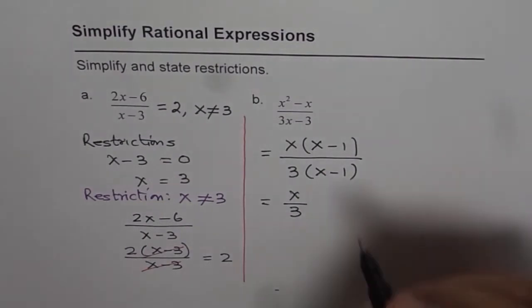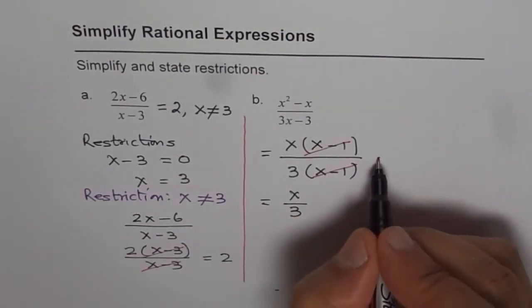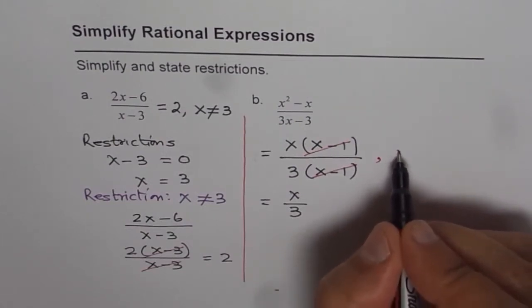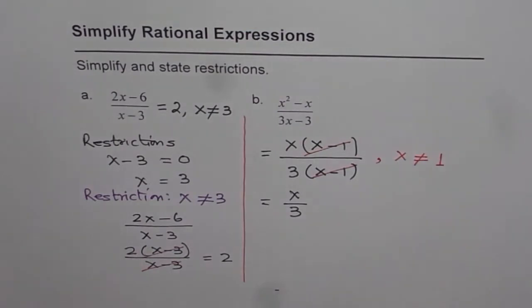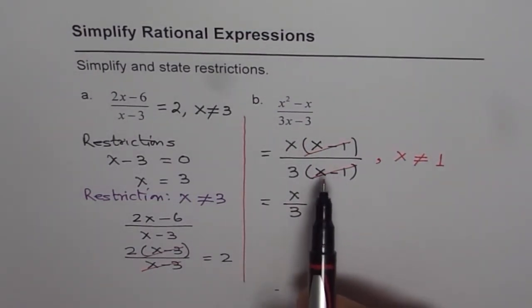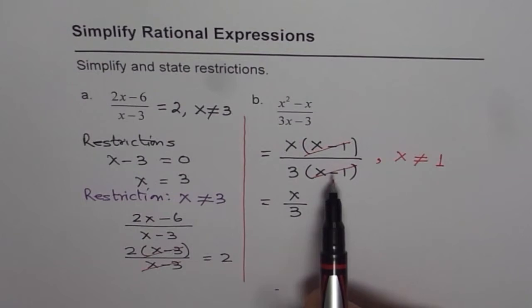Now here there is one important thing. When we cancel out, at that time we should write the restriction, which is x is not equal to 1. Do you see that? So if we follow this process, we do both things together, simplification and writing restrictions. So this is a better approach.